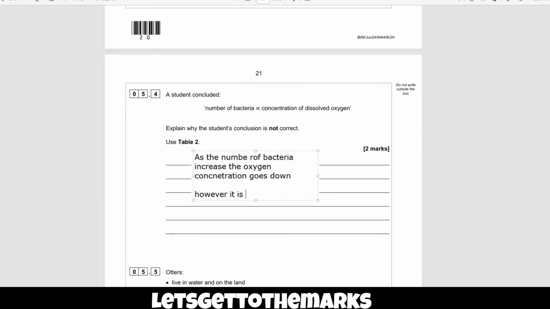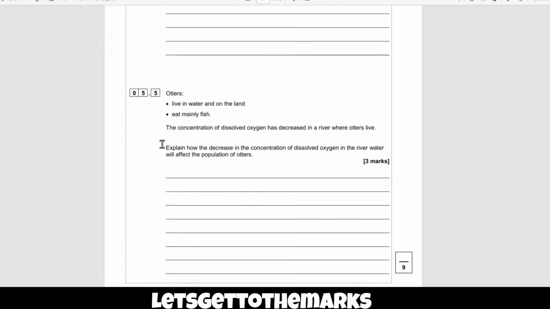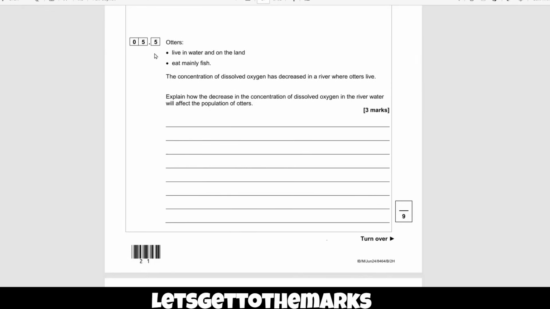However, it is not in the same ratio. We'll go with that. It's not proportional. Or you could say there's a negative correlation, but it's not in the same ratio.